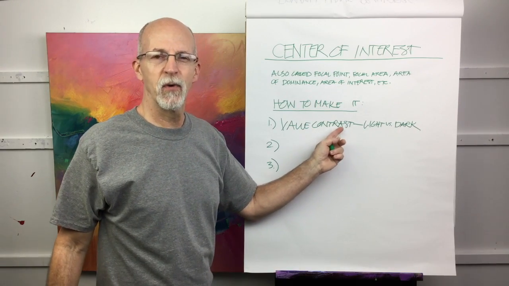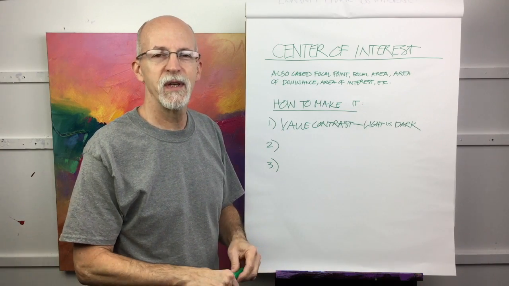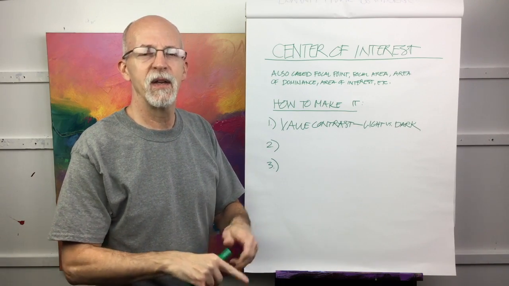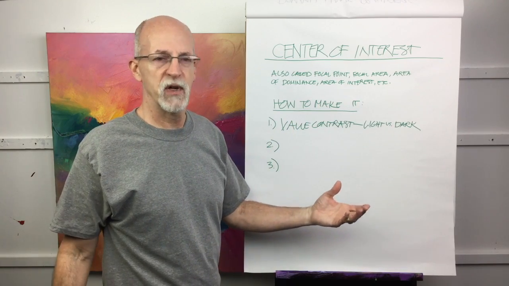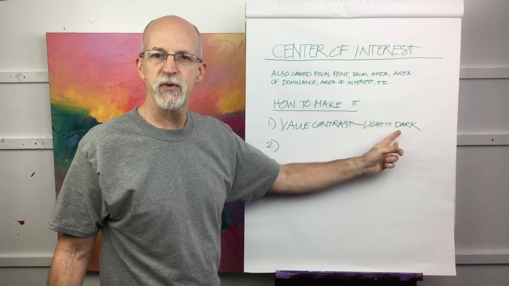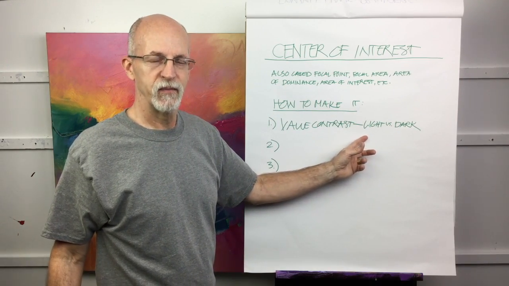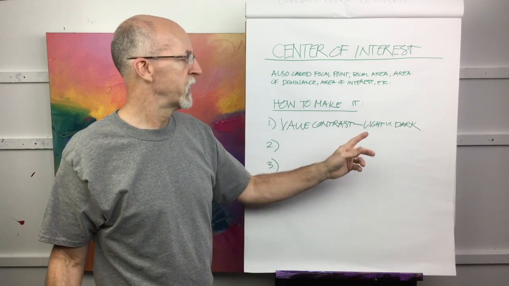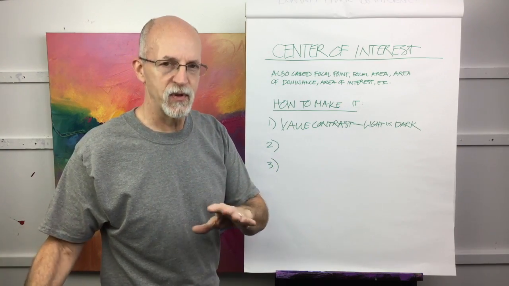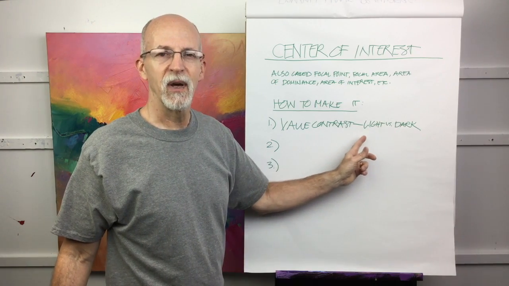Think about Rembrandt. Why did his portraits glow so much? Because he had such a dark background, and the light flesh tones against the dark background really made those things vibrate. He did a lot of other things that made his work exceptional, but it's the light against dark that we think about first.